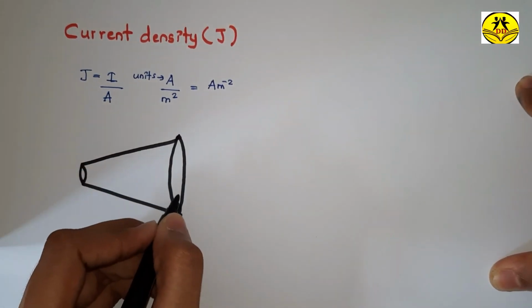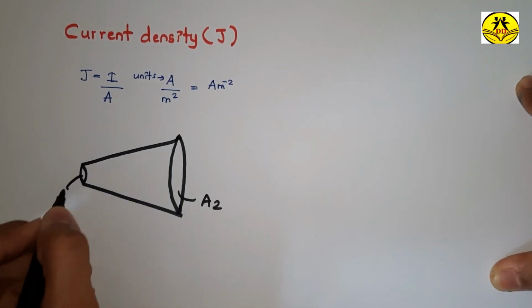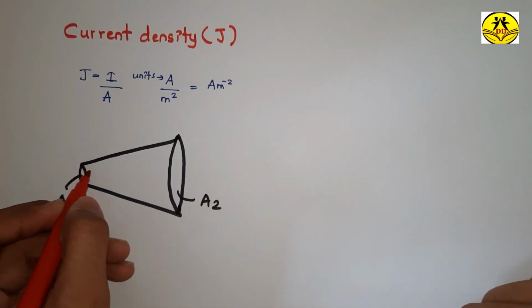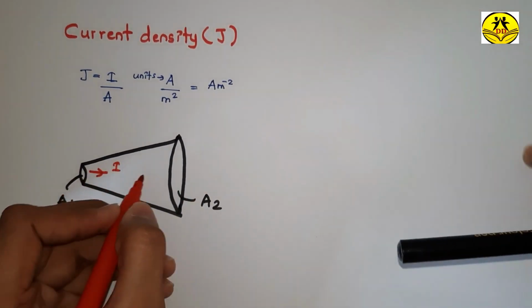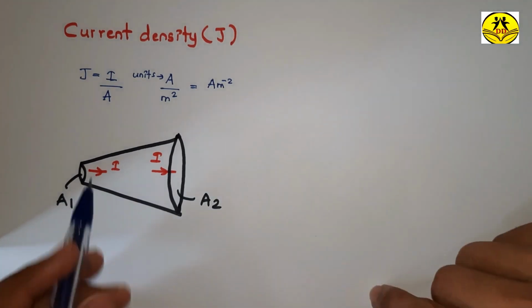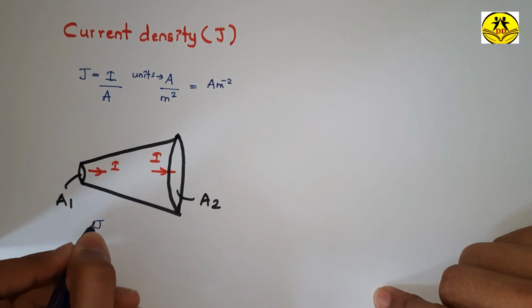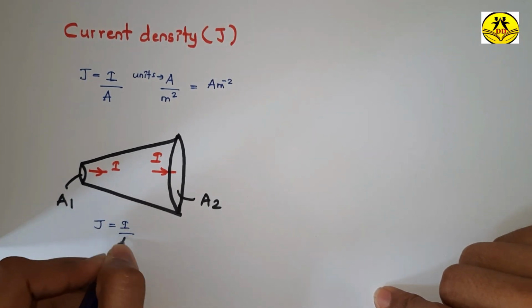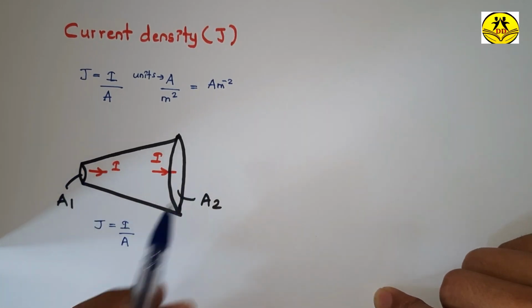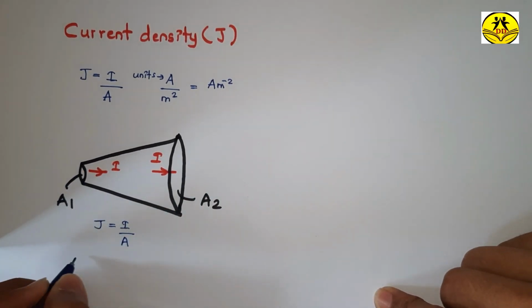So if the cross-sectional area here is A2 and here is A1, the current which flows through this conductor is always the same. I is the current which flows. So here we can write J equals I over A. Since the current is the same for both cross sections, we can write I equals JA.